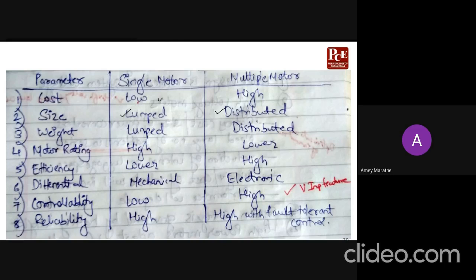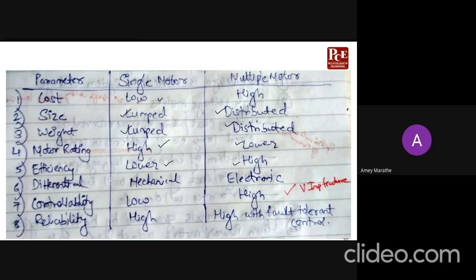Weight again will be lumped here, distributed there. Motor rating: we will have a high rating here because we are using only one motor; here we can have a lower motor rating. Efficiency: with single motor we will have lower efficiency, here we can have high efficiency.